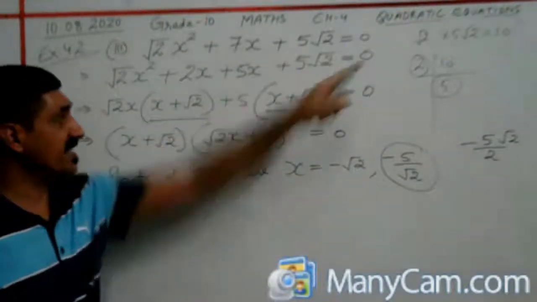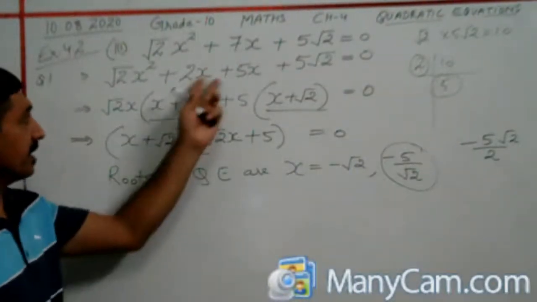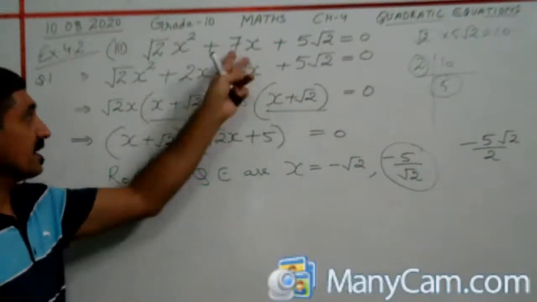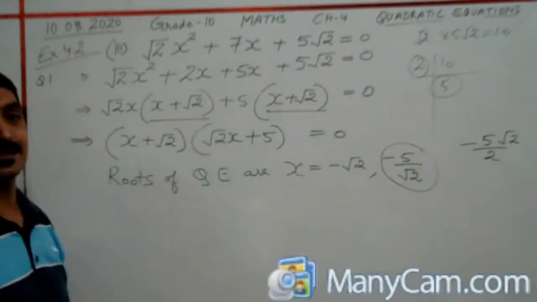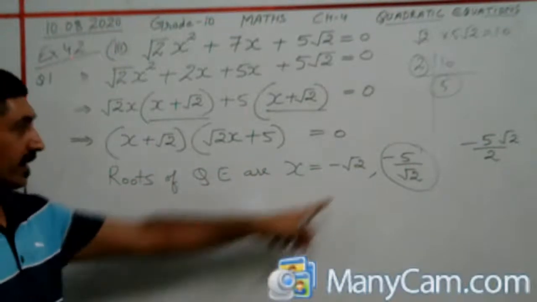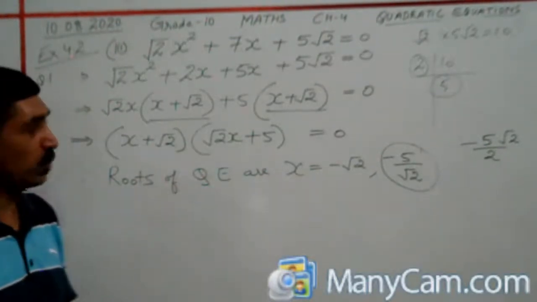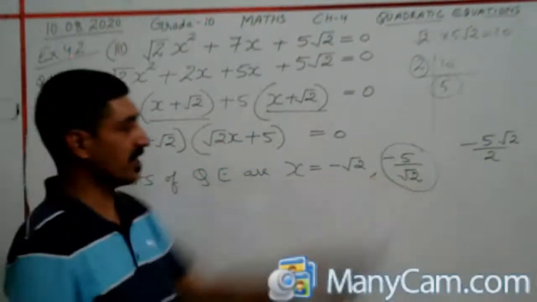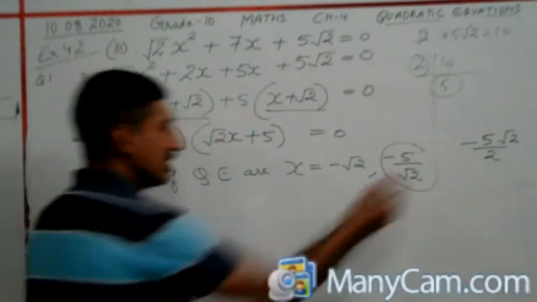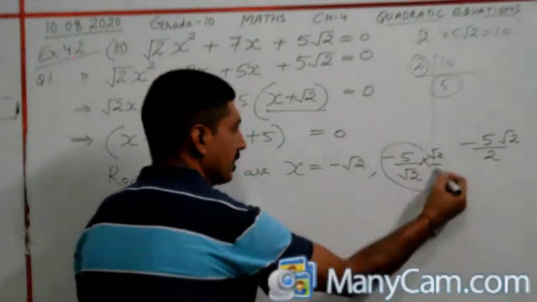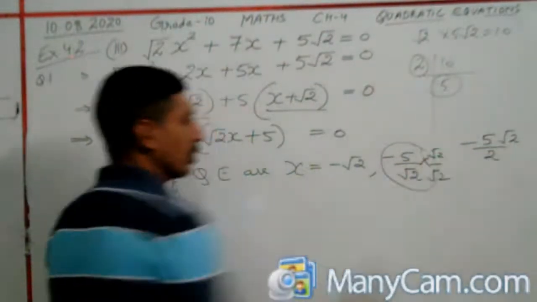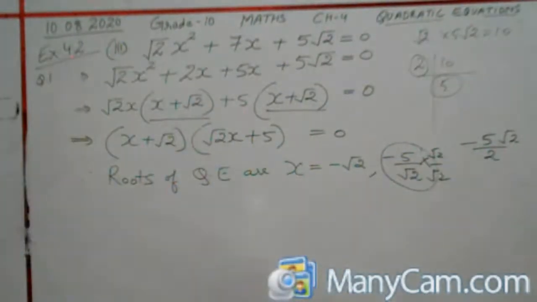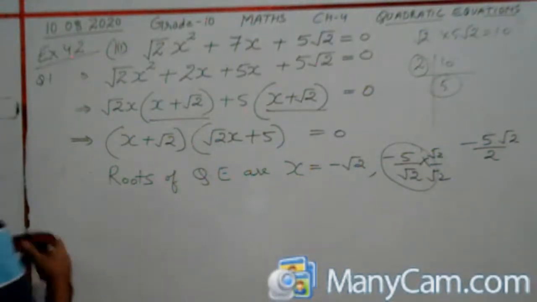A into c is 10 and we are dividing this 7 into 2 parts so that the sum is 7 and the product is 10. Taking common, we have the two roots minus 1 root 2 and minus 5 by root 2. When we rationalize it, it can be written as minus 5 root 2 upon 2.